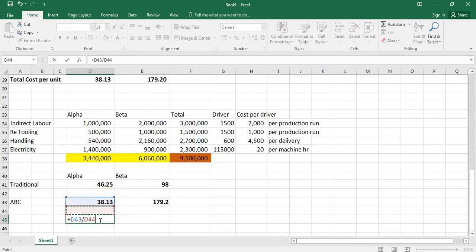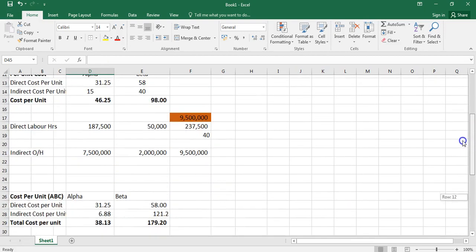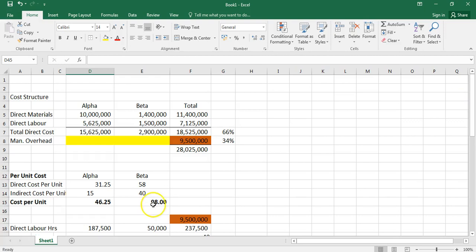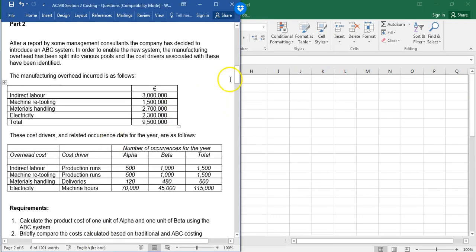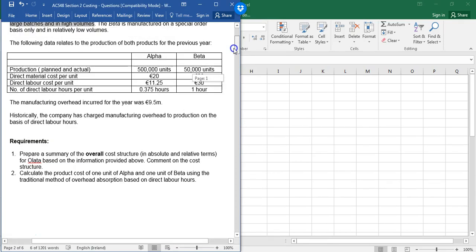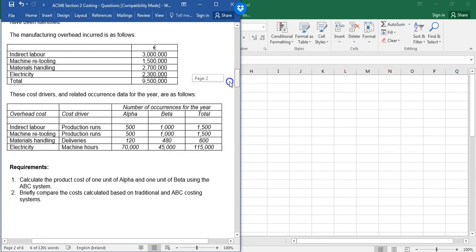In percentage terms, it's about 82% of what you initially thought it cost. So that's a good question of activity-based costing, just to introduce you to the area. Make sure you go back and practice that now. Part 1 looks at the traditional system, and Part 2 looks at activity-based costing and discusses the key differences.